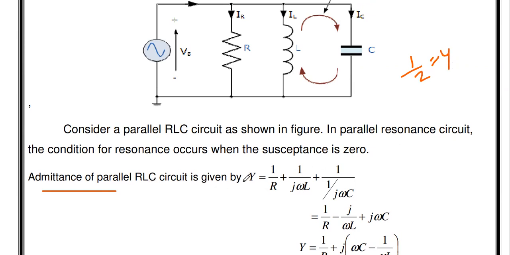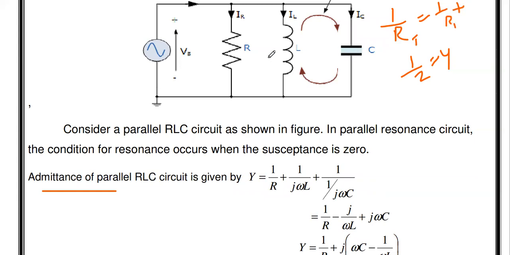So the admittance Y can be written as 1 by Z. If three components are connected in parallel, we use the formula 1 by R total equals 1 by R1 plus 1 by R2 plus 1 by R3.